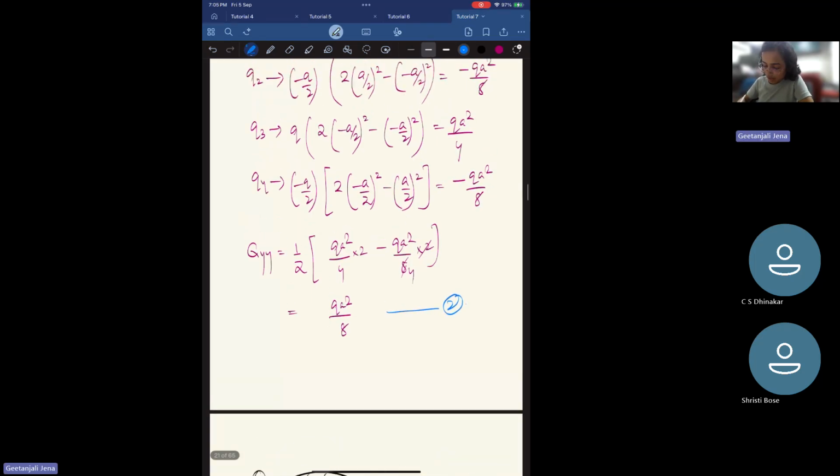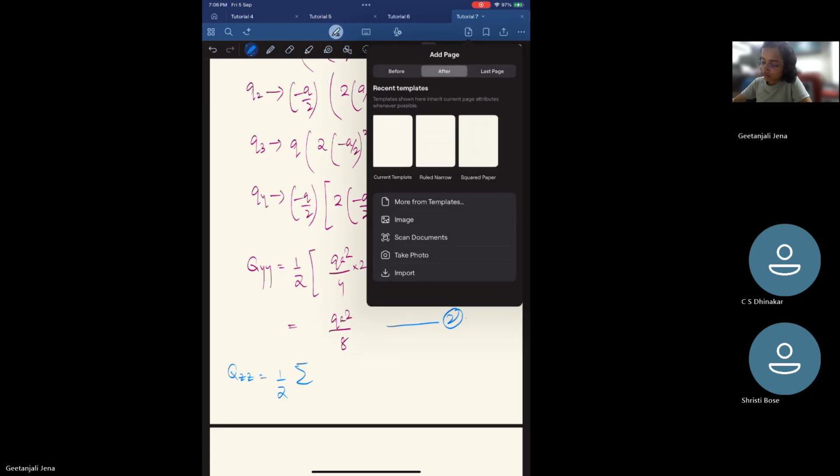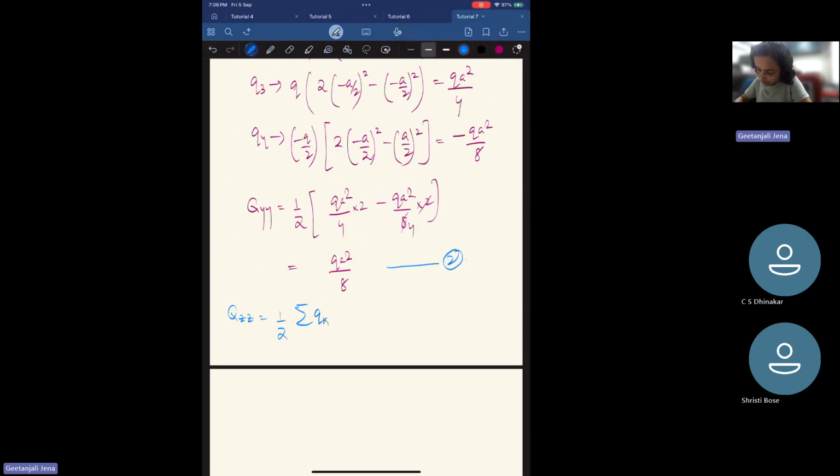And Qzz will be half summation qk times zk squared minus rk squared.